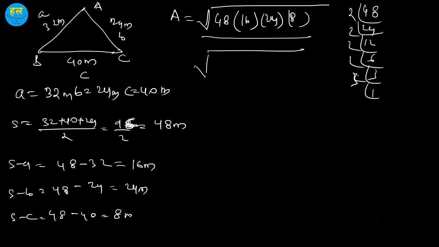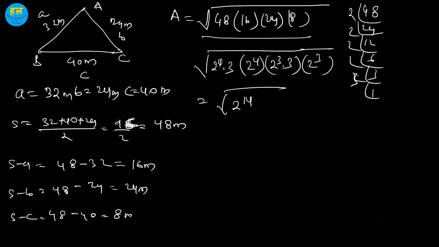It will be 2 to the power 4 into 3. 16 will be 2 to the power 4. 24 will be 2 to the power 3 into 3. And 8 will be 2 to the power 3. So we can see it is 2 to the power 14 into 3 to the power 2.